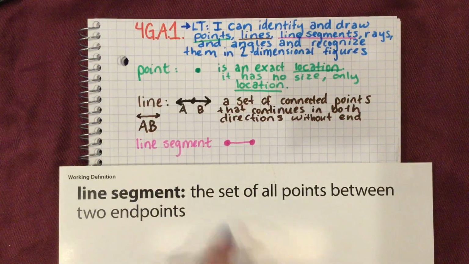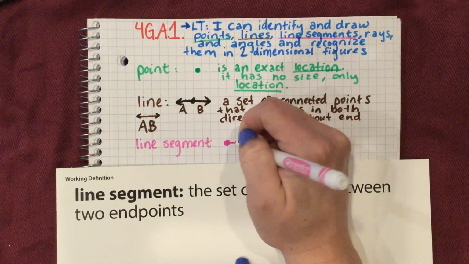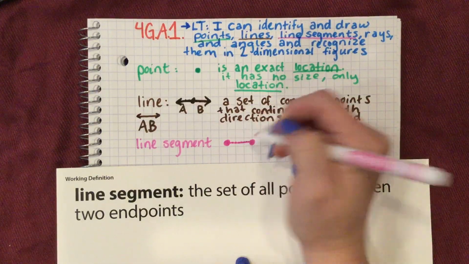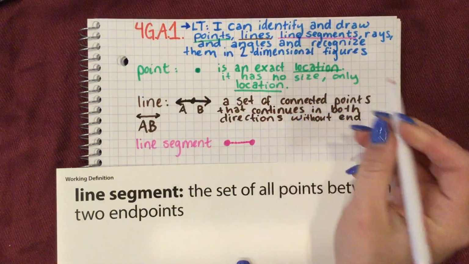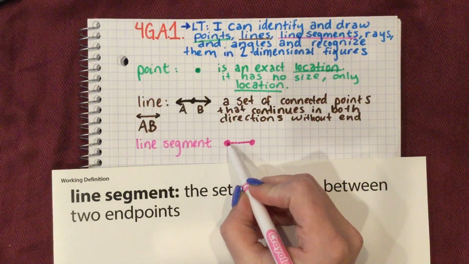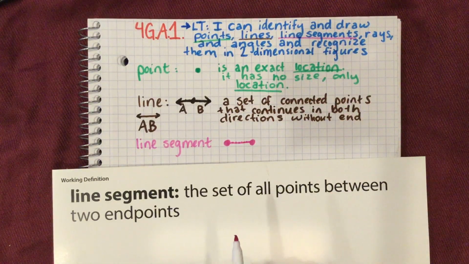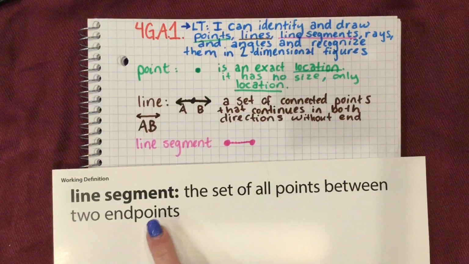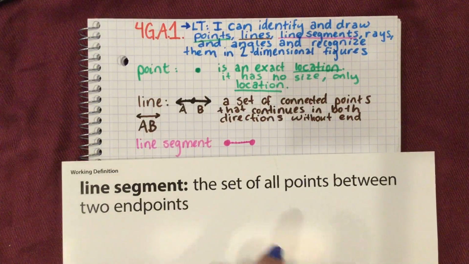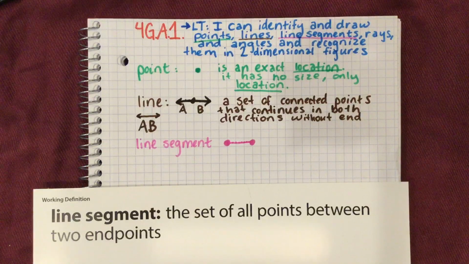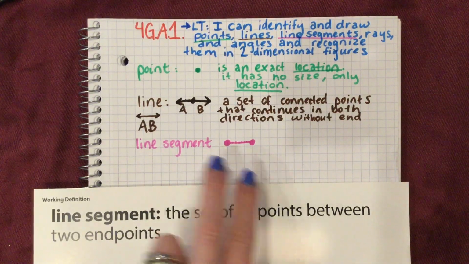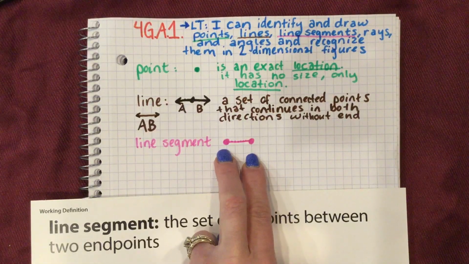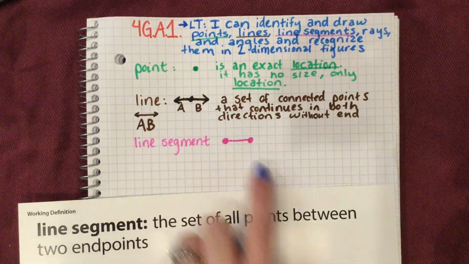And what that means is the set of all points, there can be like 15 points, but it doesn't continue on in either direction. So it's like a chunk or a part of a line, or a segment of a line, because it does not continue on in both directions without end. It has end points. So that means it stops here and it stops here.